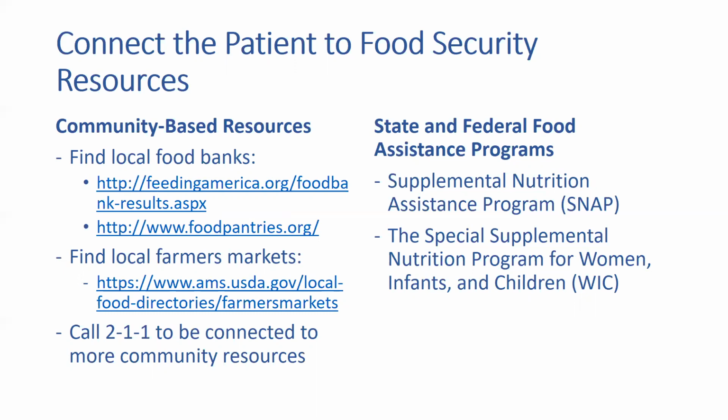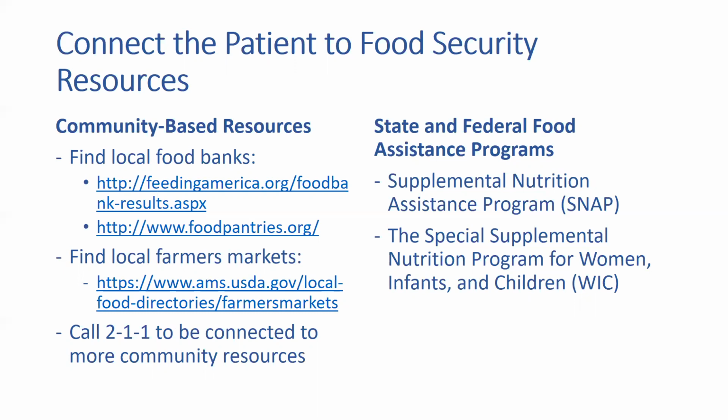One option is community-based resources, and these include local food banks, local farmers markets that can help patients get more local access to fresh produce if they're potentially located in a food desert or somewhere without a reliable fresh produce section in the grocery stores. And here I have listed links.